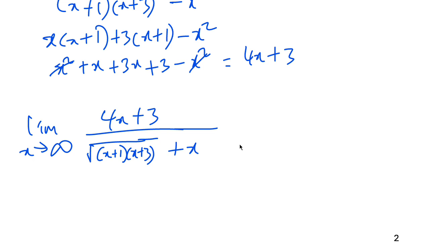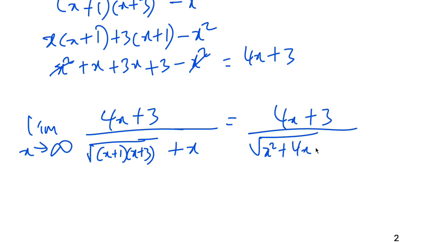If we expand and simplify, we have 4x plus 3 all over, on expansion of (x plus 1)(x plus 3), x squared plus 4x plus 3, and then we have plus x.